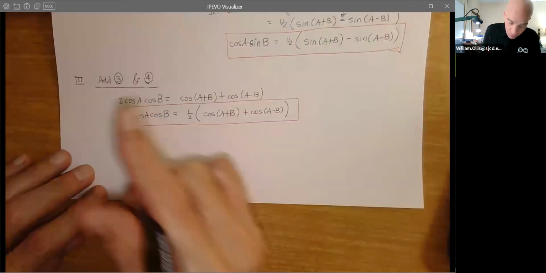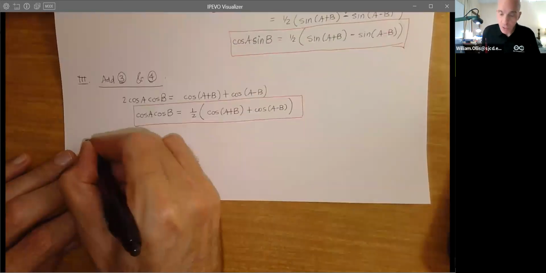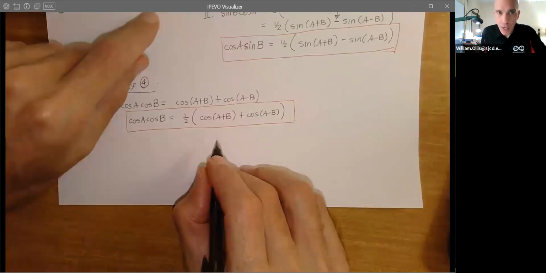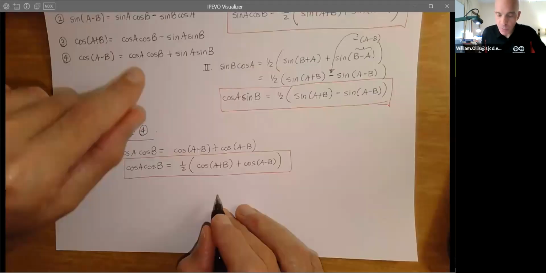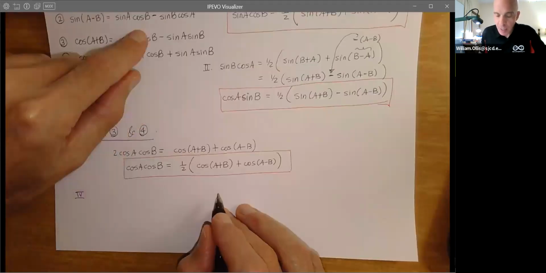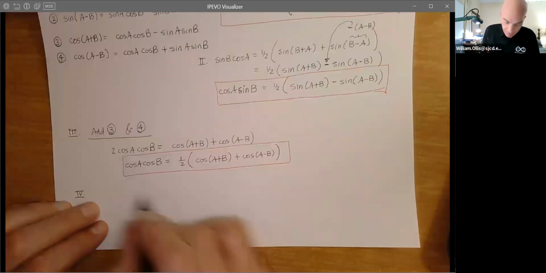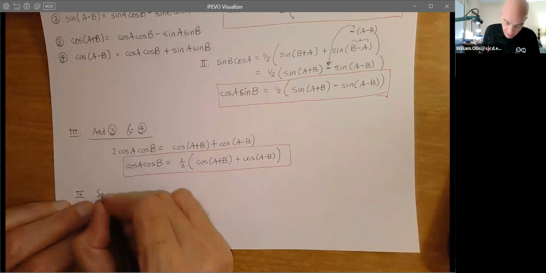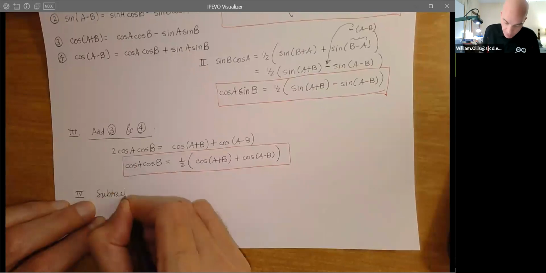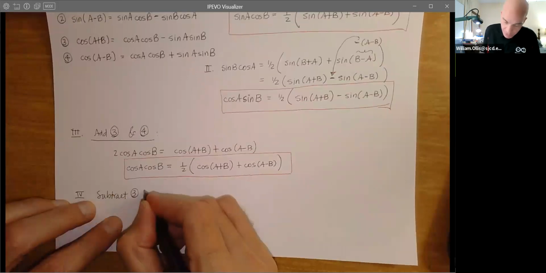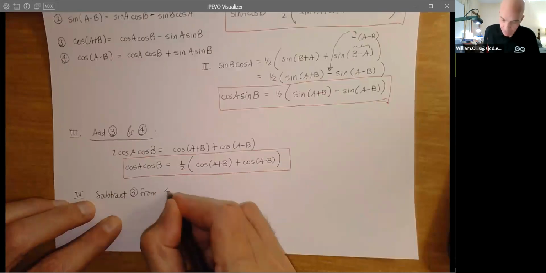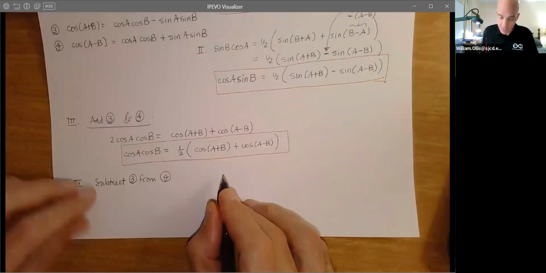Now for 4, what we can do, if we want to absorb the cosine, here I've got rid of it. If we want to absorb the cosine, let's just say 4 minus 3. So we'll say subtract 3 from 4 to get the minus minus. So that's going to give us 2 copies of the sine.